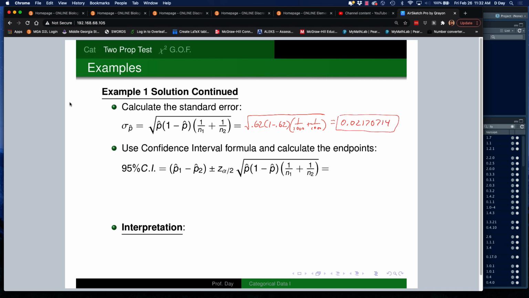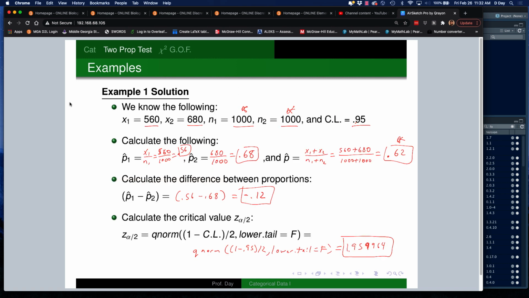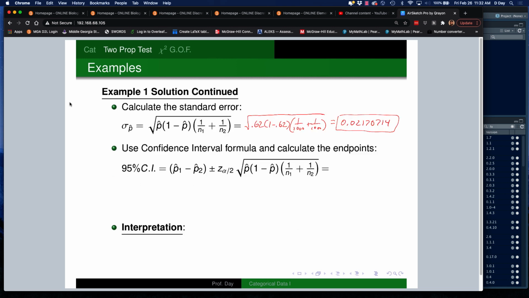So now we have everything we need. We just need to plug it into our formula for the confidence interval. Remember, the p hat 1 minus p hat 2 on the previous page was negative 0.12. So we got negative 0.12 plus or minus the critical value, 1.959964, times our standard error, which is 0.02170714.